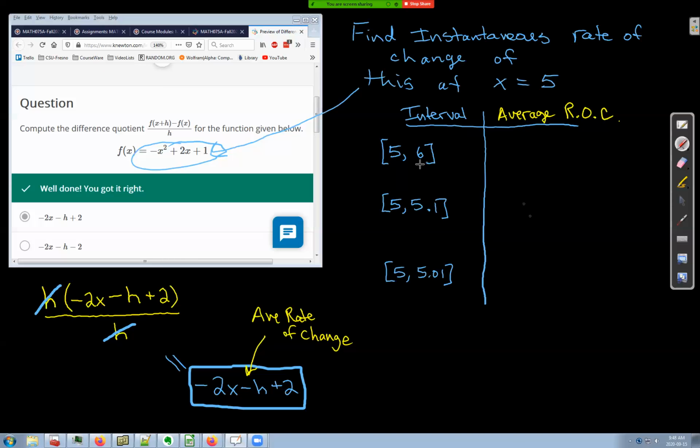But what you'll get is, the idea here is 6 is 5 plus 1. So I claim that the average rate of change is going to be -2 times 5 minus 1 plus 2.